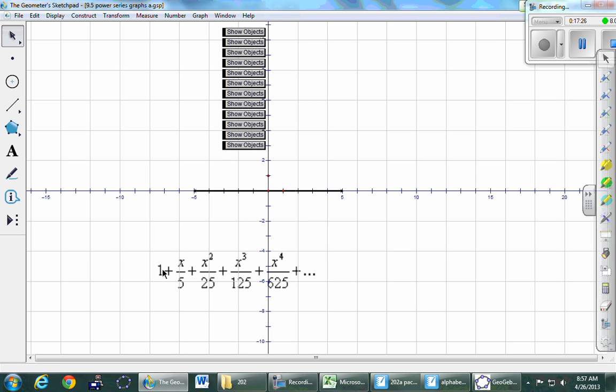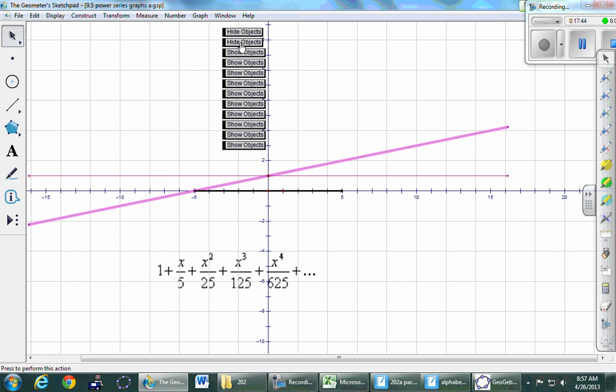I'm going to show you just first of all the graph y = 1. What kind of a graph is that? Just the horizontal line. So it's right there at y = 1. Then I'm going to show you 1 plus x over 5, the sum of the first two. What kind of a graph is that? The line going which way? Slightly uphill, so it's that.